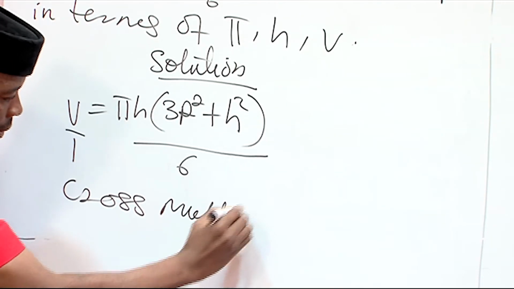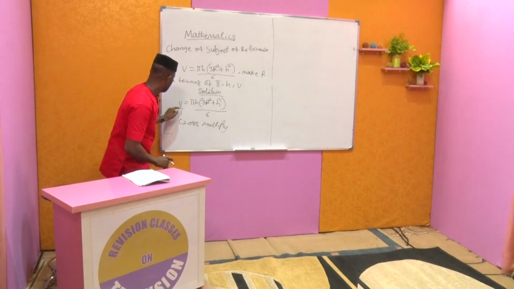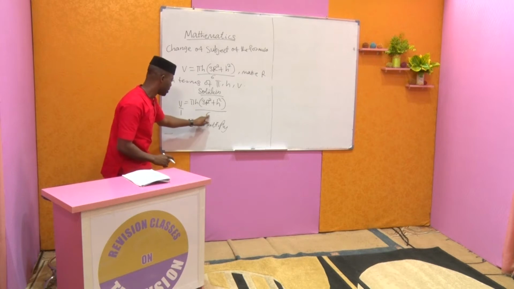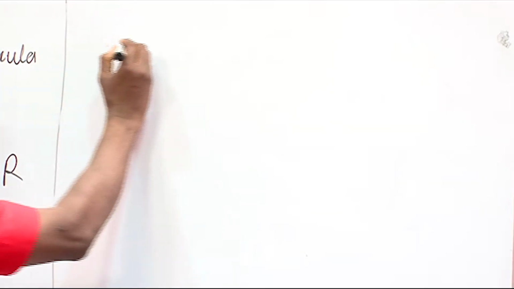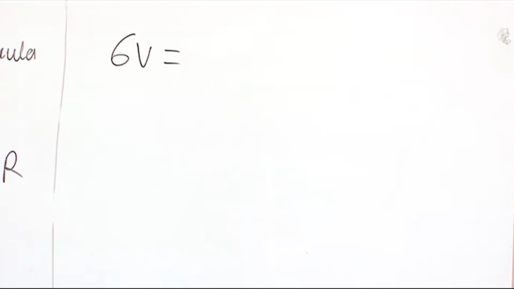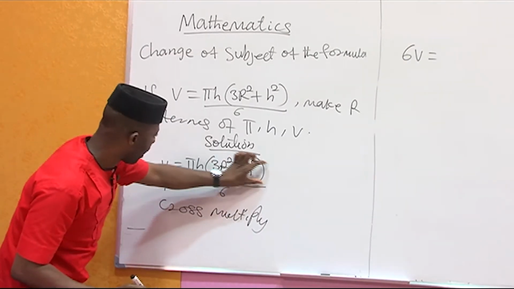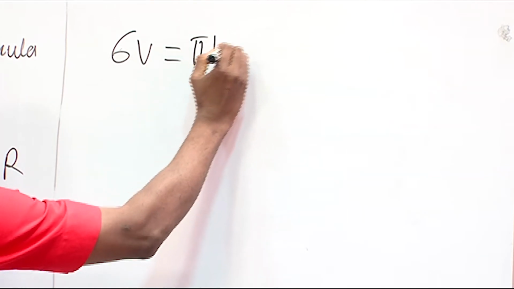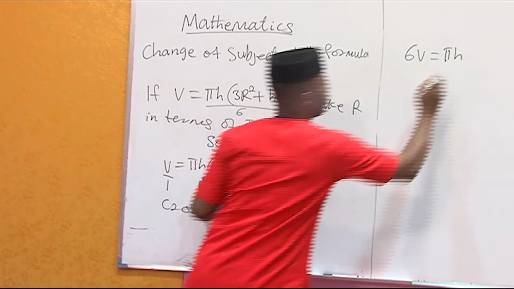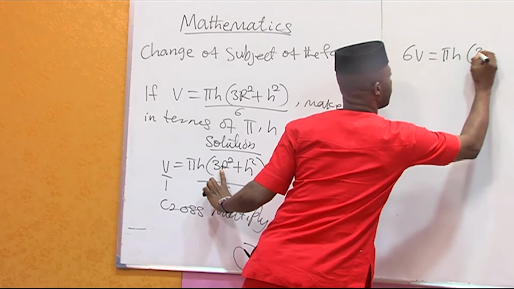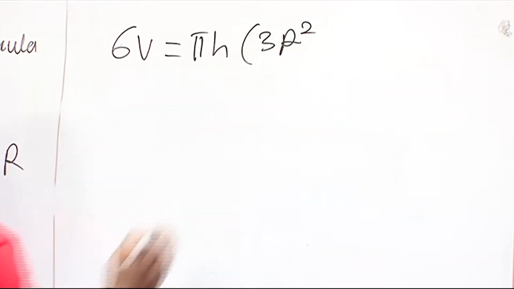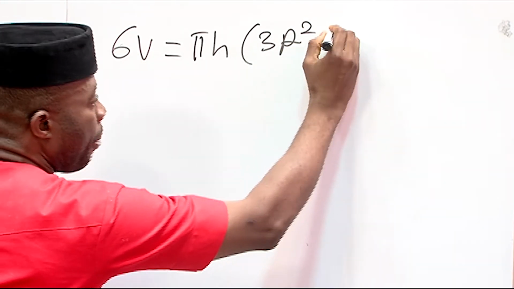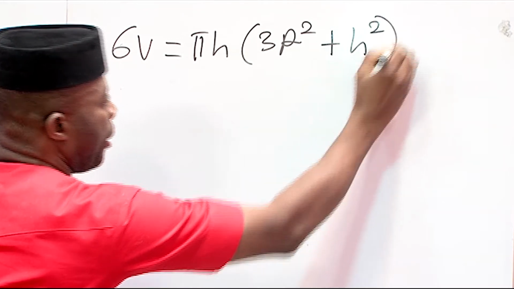We use V times 6. That is 6V equals 1 multiplied by pi h bracket (3 capital R square plus h square).